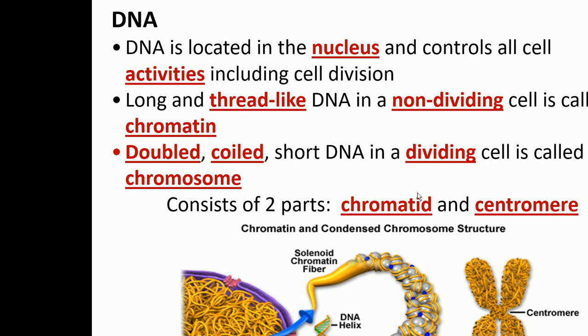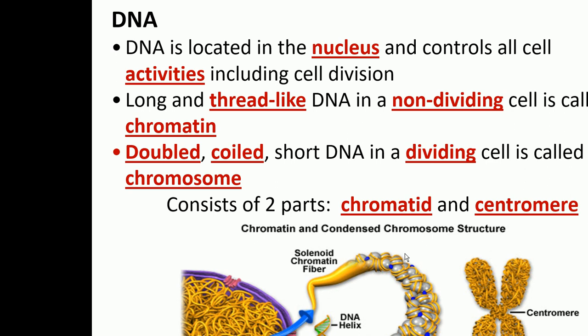It has two chromatids, and this part where the two chromatids are in very close contact with each other is called the centromere. So these arms are called chromatids and this part is called the centromere.